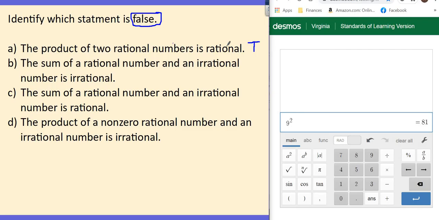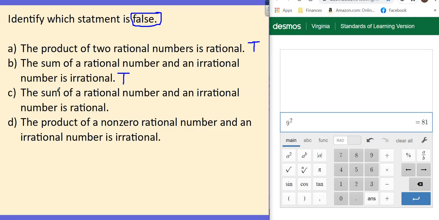If everything is rational, it's going to be rational. The sum, so that means we're adding a rational number and an irrational number, and that's going to be irrational. That's true because remember, we said irrational numbers had cooties, and if irrational numbers were anywhere, they're going to turn the answer irrational. So both of these are true so far.